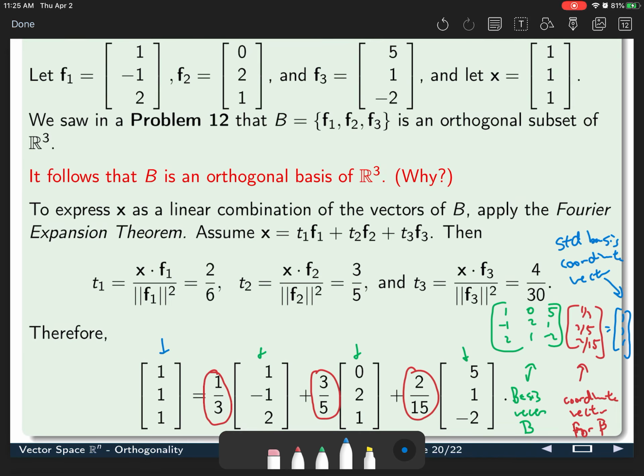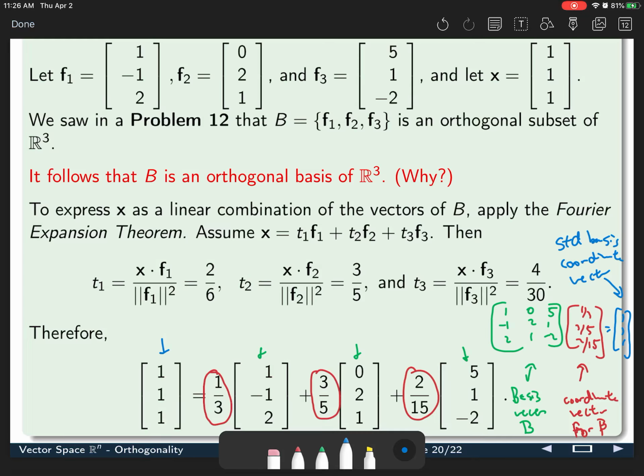What matrix would take you from 1, 1, 1 back to the coordinate vector for our basis B? That would be the inverse of the green matrix that we have here. So if you found the inverse of that green matrix, it would take you from 1, 1, 1 back to the coordinate vector for your basis B.